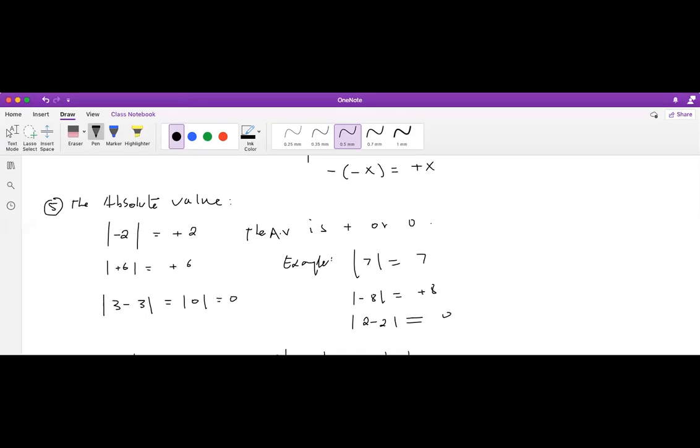Okay, now we're going to see how to actually add and subtract using the number line. So let's see where the rules come from, addition and subtraction.